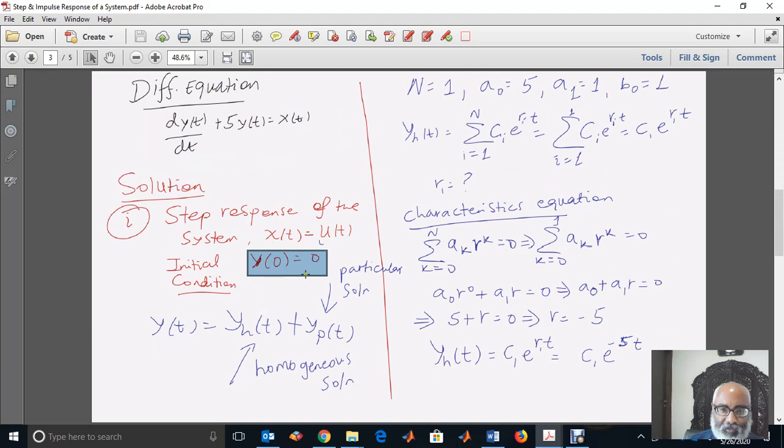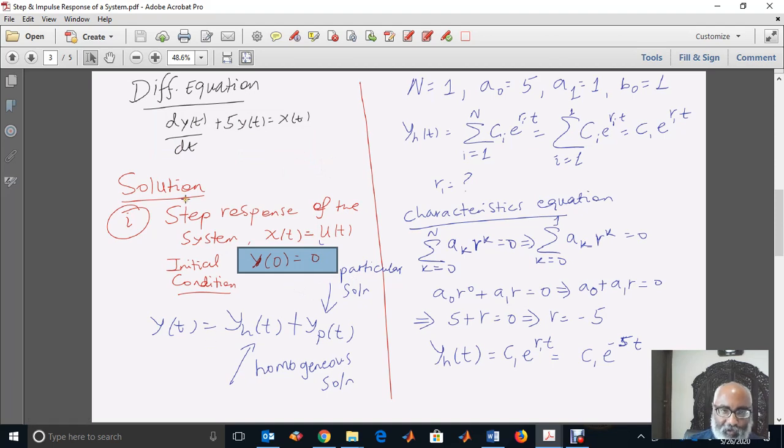Because this is a first order differential equation, we need one initial condition, which is the value of y at 0, and we assume y(0) is equal to 0.